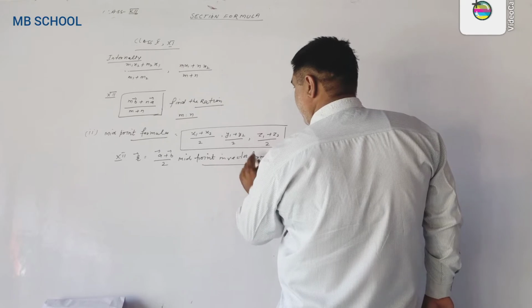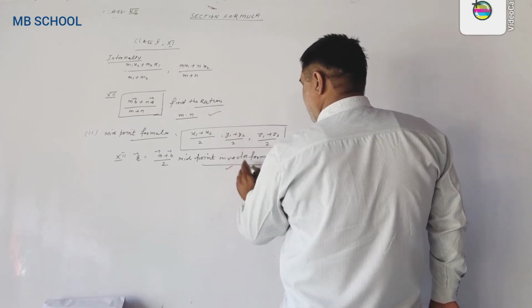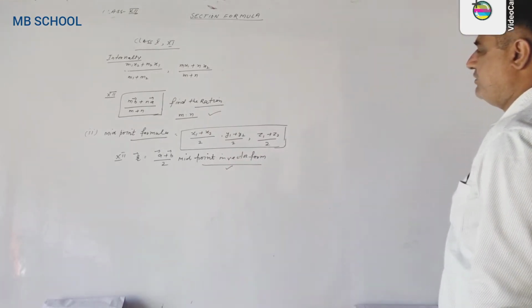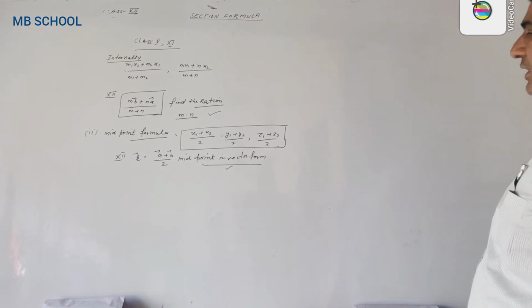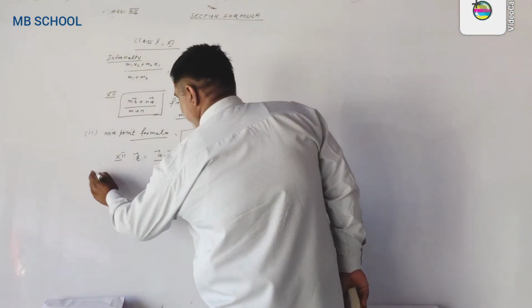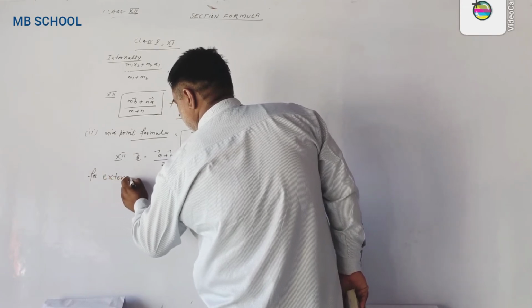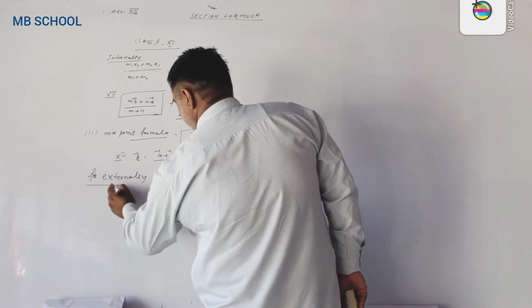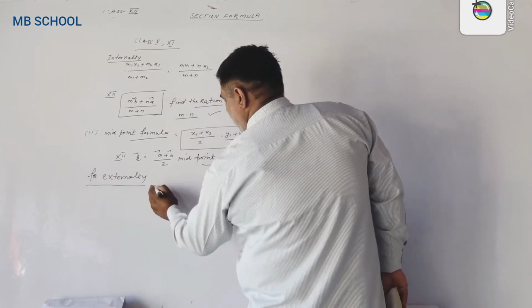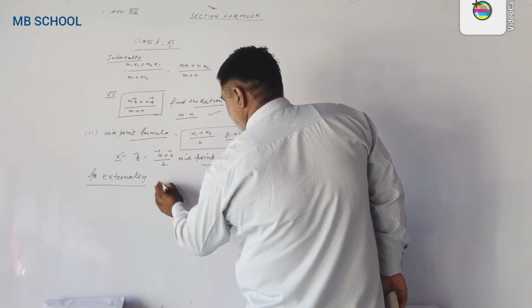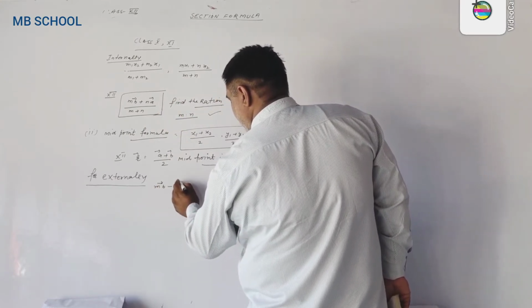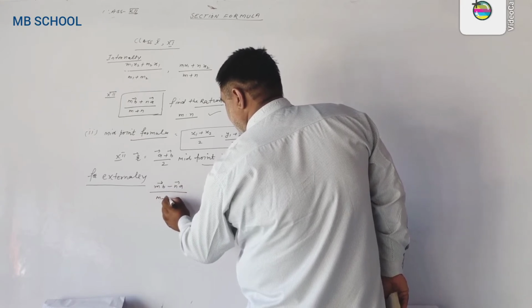So now we have used these two formulae for these exercise section formula for internally. For externally we have used the formula of m b vector minus n a by m minus n.